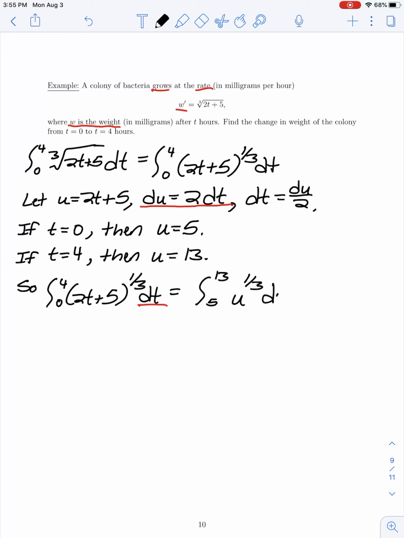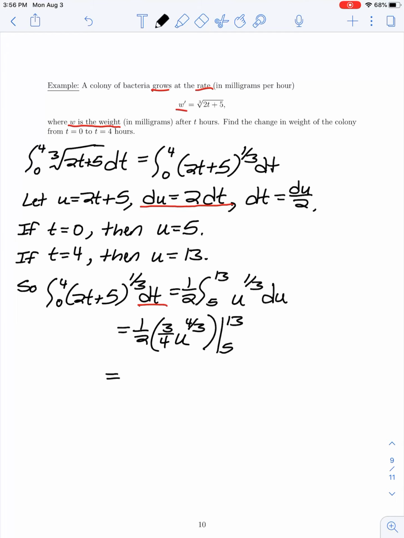So I can replace dt on the end with 1/2 of du and pull that constant 1/2 out in front of the integral. So we now have a 1/2, and the antiderivative of u to the 1/3 would be u to the 4/3, and then we divide by 4/3, which is the same as multiplying by 3/4. And this expression is then evaluated from 5 to 13.